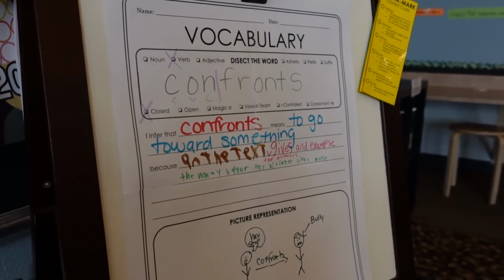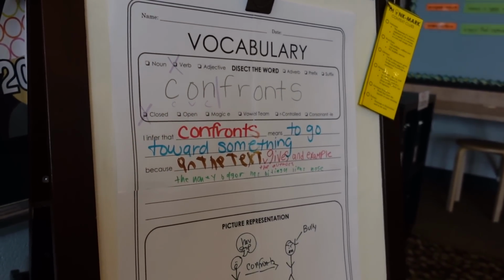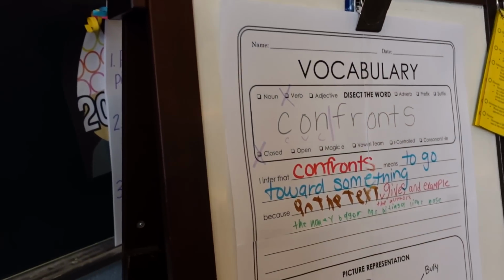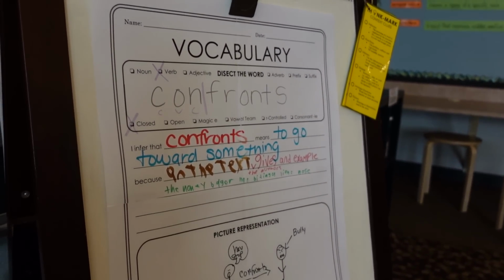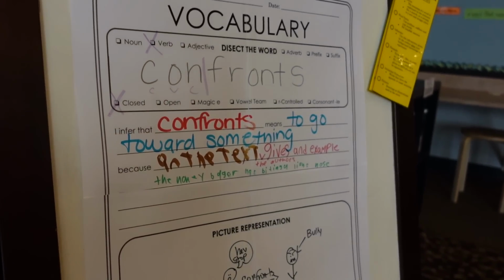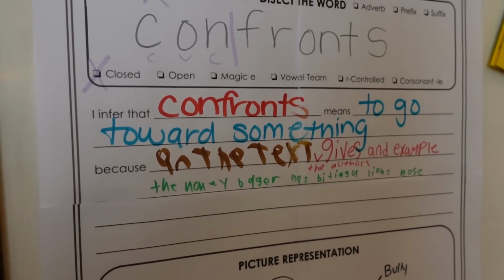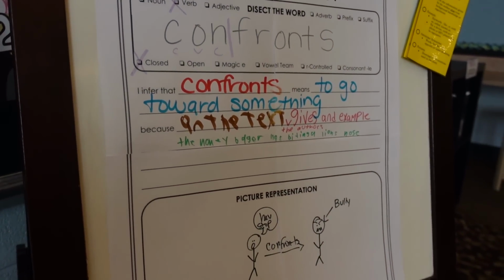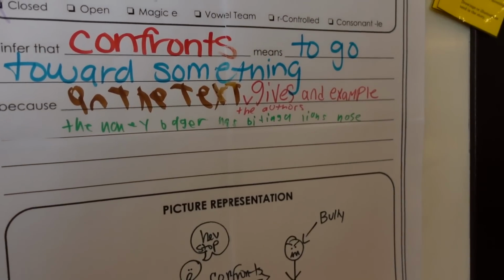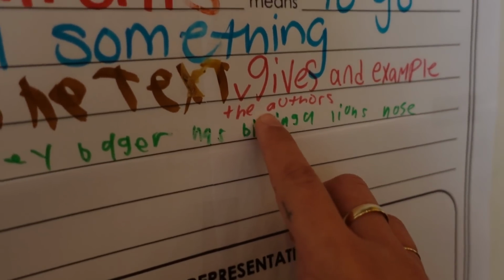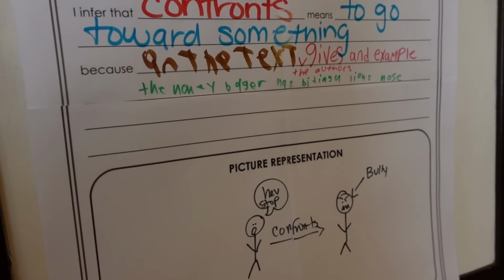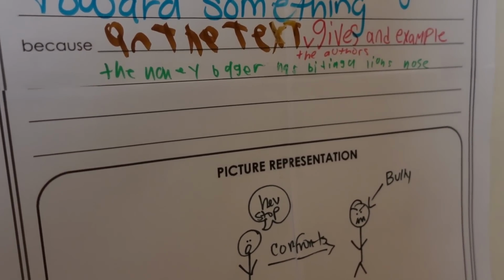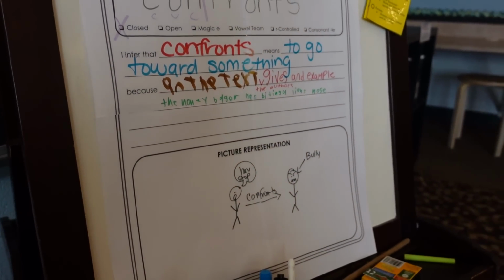So here is the vocabulary word. It was confronts. And so I had the text posted up on my board using my Kindle app on my iPad, and we were reading Who Would Win, the honey badger versus the hyena. And so we had, I infer that confronts means to go toward something, because in the text, the author gives an example of the honey badger biting the lion's nose.